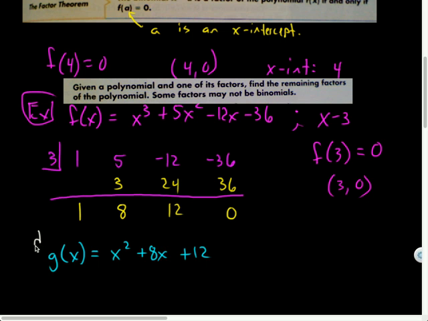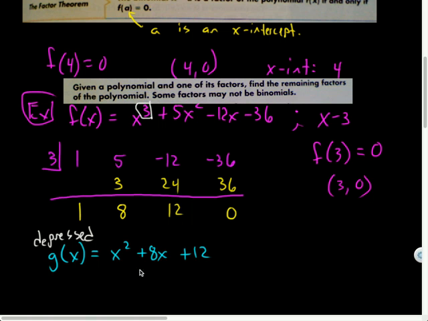So I'll say this is the depressed one. And I know that the x-intercepts that this depressed polynomial has are the other 2 x-intercepts, because I was expecting a total of 3. I know 1. And I know that this depressed polynomial has 2, right? So 1 plus 2 is 3, right? So I'm verifying that it works out. So there's my depressed polynomial.